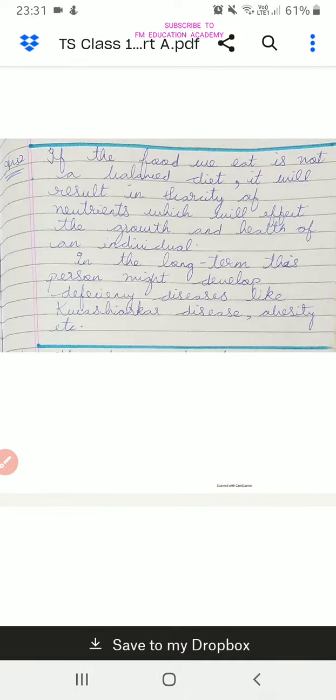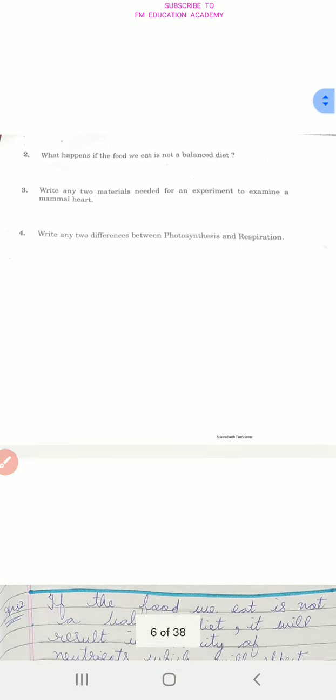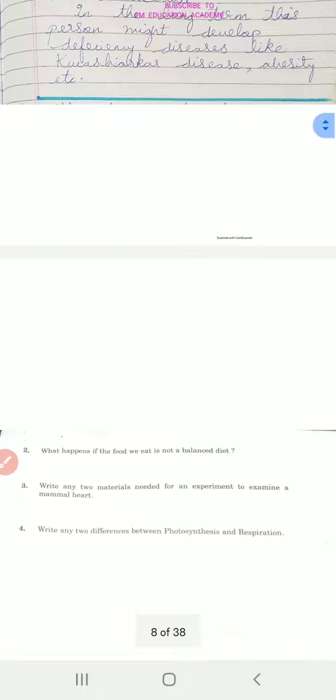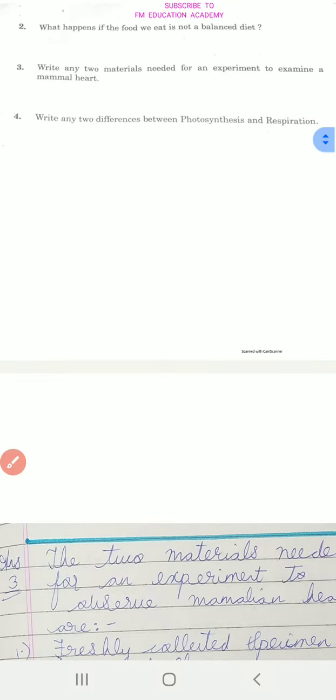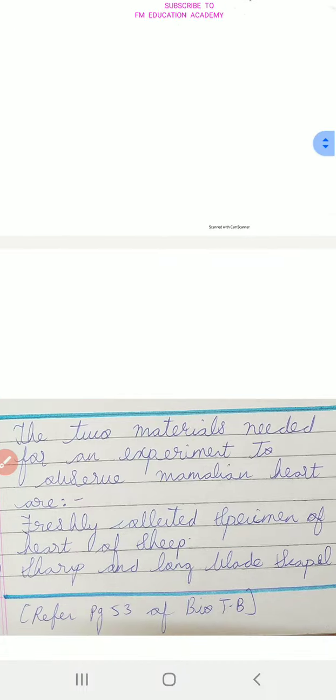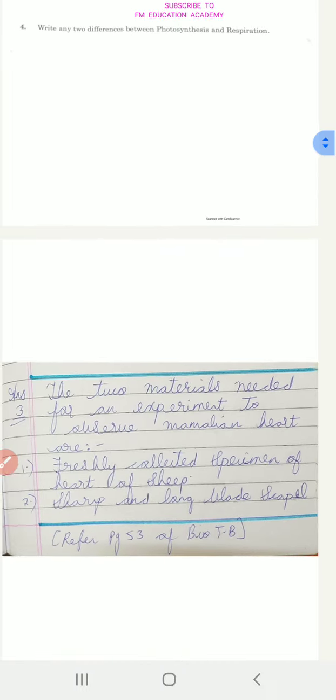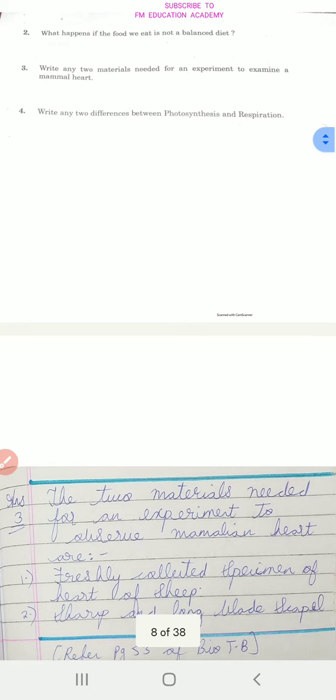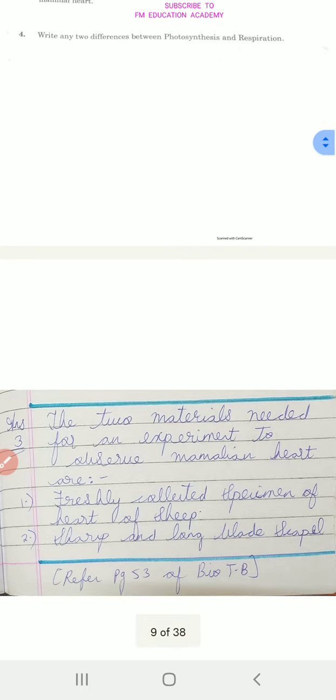Okay, next question is question 3. Write any two materials needed for an experiment to examine a mammal heart. We know that this question is there in the chapter transportation, where the activity's name is to observe the structure of mammalian heart.